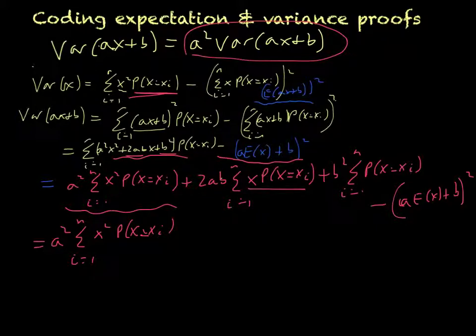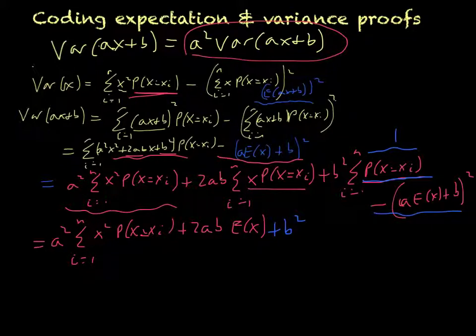We know that's the same as E of x, don't we? From before, this x p of xi. And now we've got to deal with the b lots of p of x equals xi. Well, sigma p of x equals xi, that's adding all the probabilities together, so that's just going to be 1. So plus b squared.